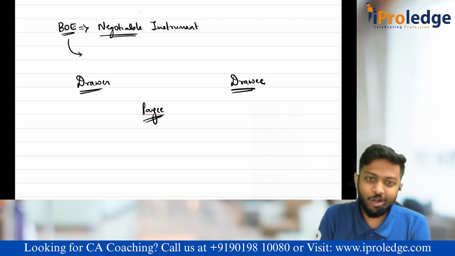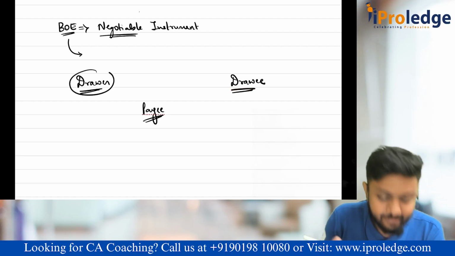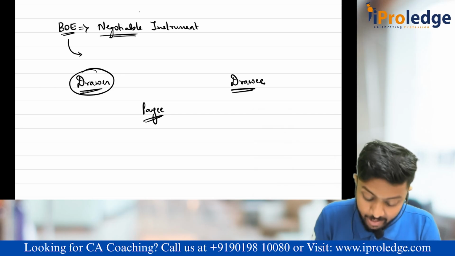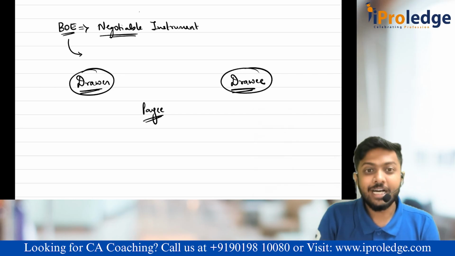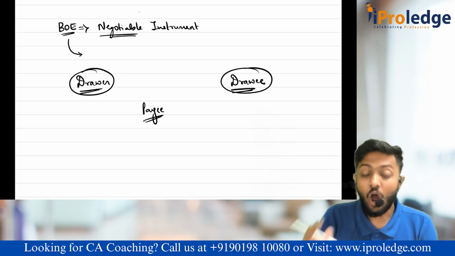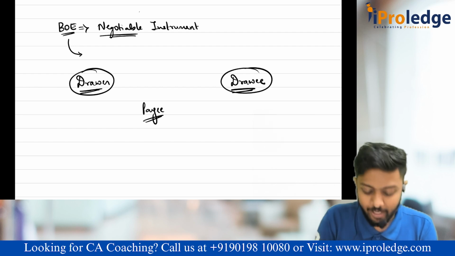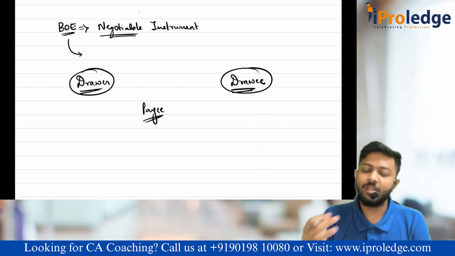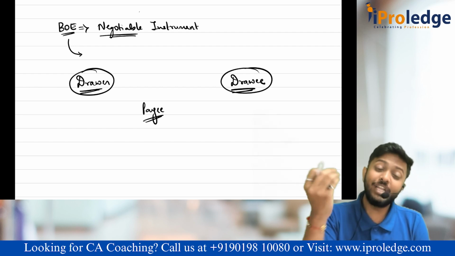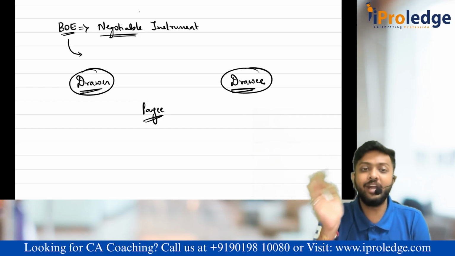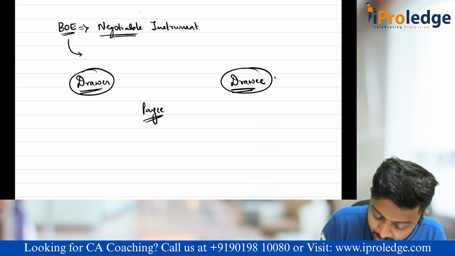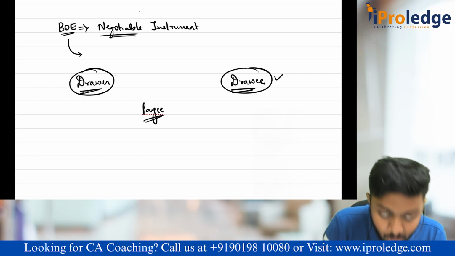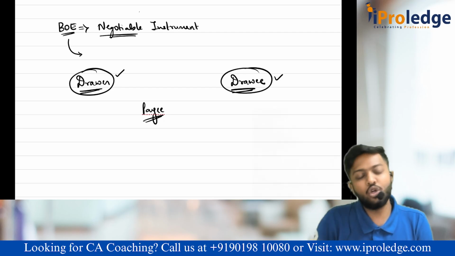So in bills of exchange, the drawer will order the drawee to pay a certain sum of amount on demand or after a period of time. Sir, why is he ordering to pay? Suppose there is some transaction that has already happened between drawee and drawer. Suppose the drawee has purchased something from the drawer worth 2 lakh rupees.